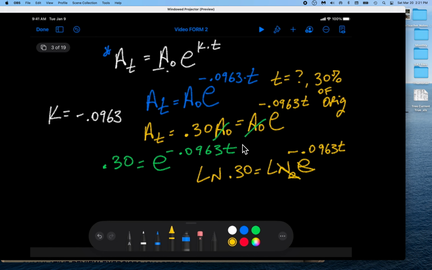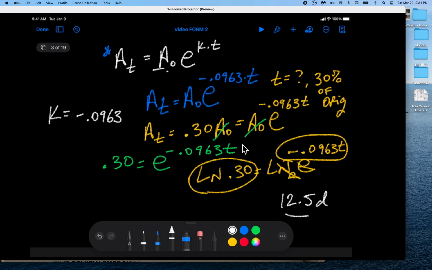These cancel out. You get natural log of 0.30 equals this. You use your calculator, and your final answer is going to be 12.5 days. Again, I encourage you to do that with your calculator, just so you get facile with it.